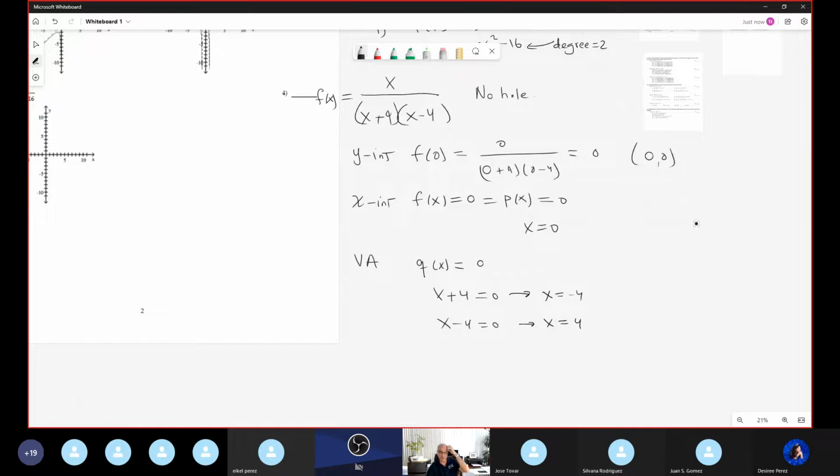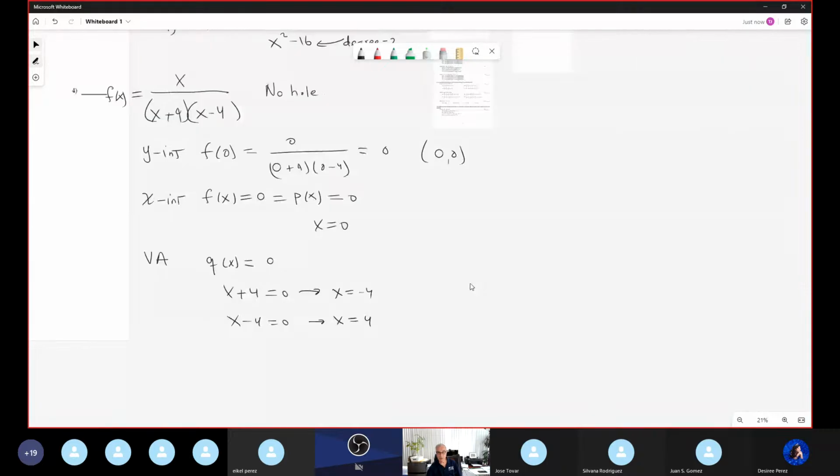Okay, at this moment, I like so much doing the partition. We have the whole real number line, from negative infinity to infinity. At 0 we have the x-intercept. At positive 4, 1, 2, 3, 4, we have a vertical asymptote, and at negative 4, we have another vertical asymptote.